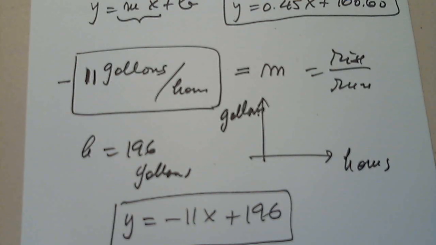How do I write the equation? Anyone would like to try? Anyone, please? 13t plus 100.